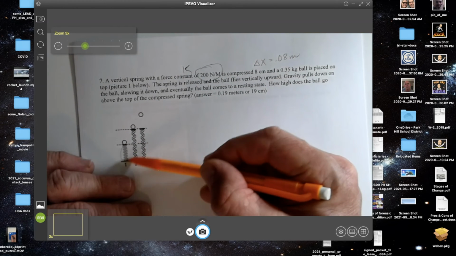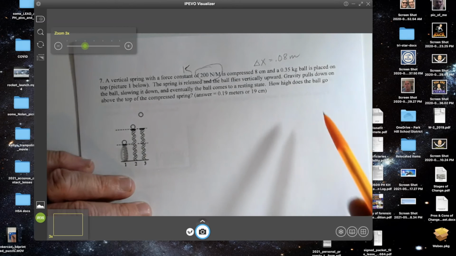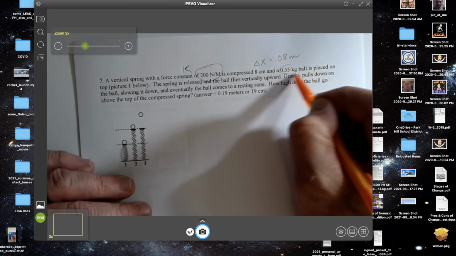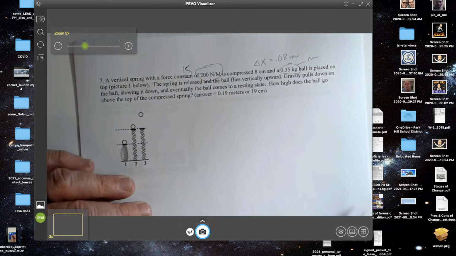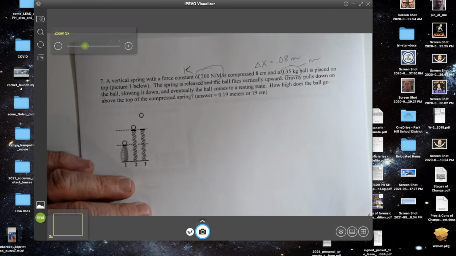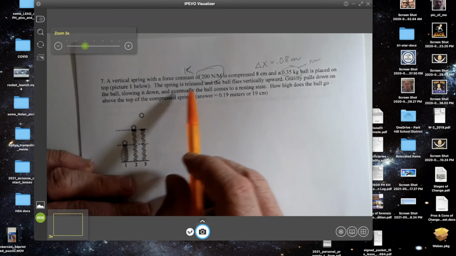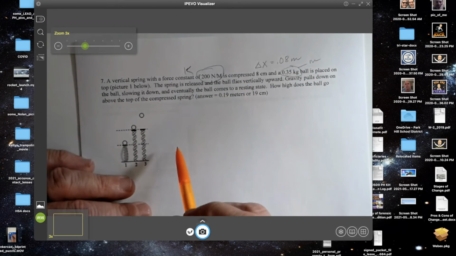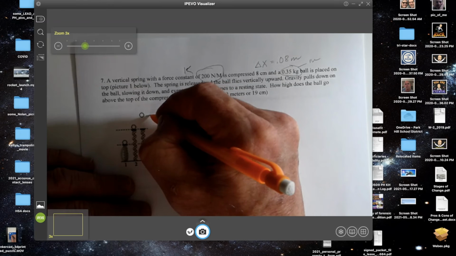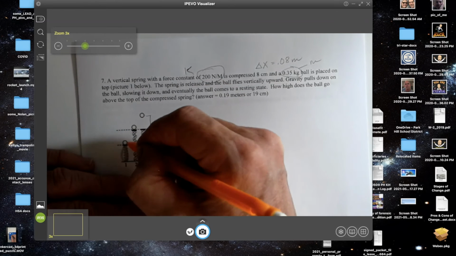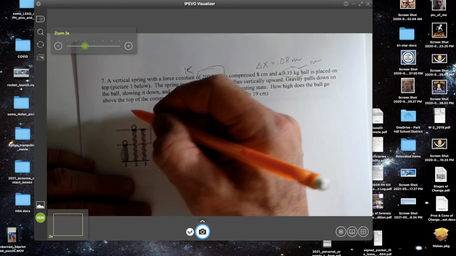So now there's spring energy here. We place this ball, the mass of the ball, on the spring, and we release the spring, and it flies vertically upward. So the ball goes up, up, up.